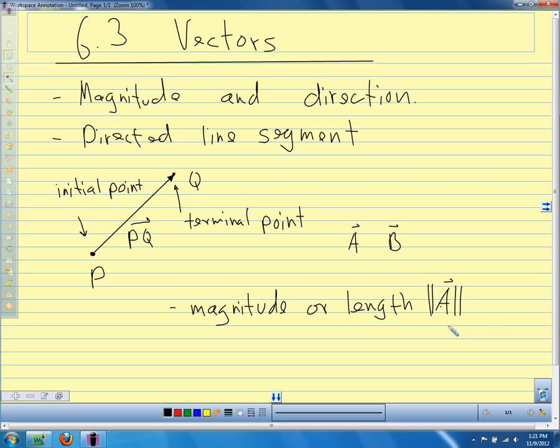In the book they use double bars. When I write it up here, I'm going to use just single bars, like the absolute value sign. If we think of it as an absolute value, this is our length, or the magnitude. We call it the magnitude of our vector. That just tells us how long this line segment is.